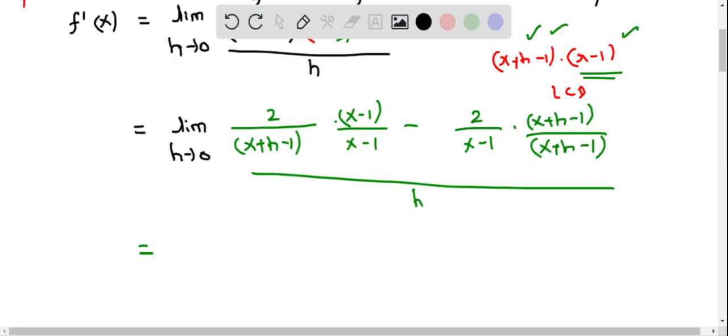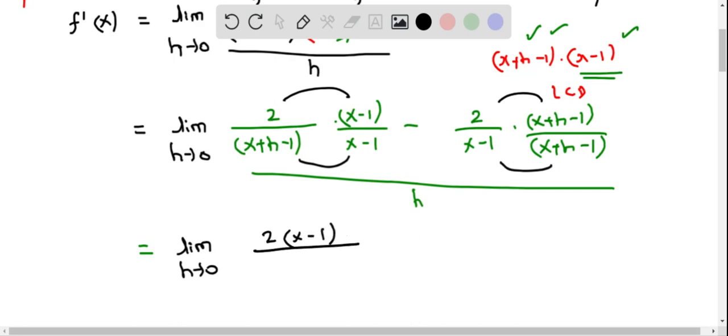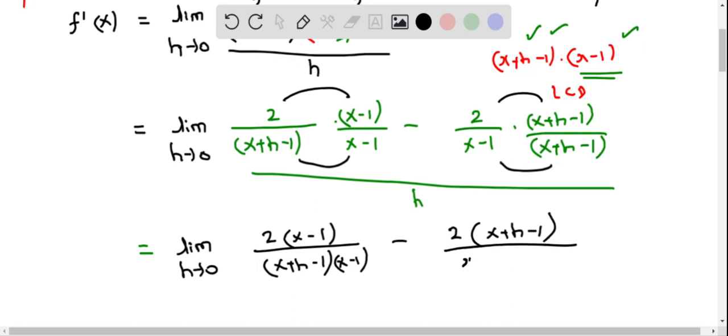I write this as the limit as h approaches 0. Now we multiply the numerator as well as the denominator. Here also we multiply the numerator and also the denominator. So this becomes 2 times x minus 1 over x plus h minus 1 times x minus 1. And for the second fraction we have 2 times x plus h minus 1 over x plus h minus 1 times x minus 1, all over h.